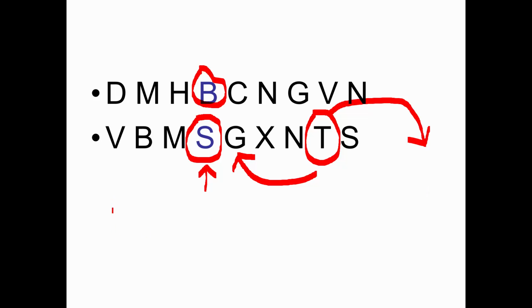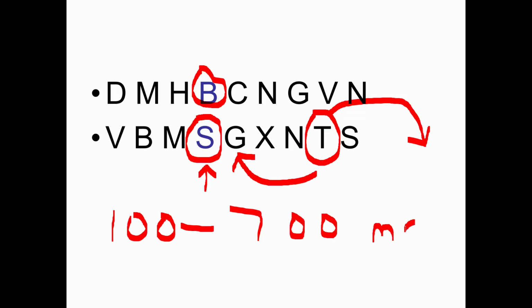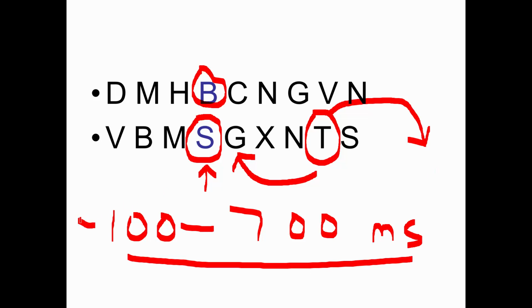They discovered the attentional blink range is about 100 to 700 milliseconds. If the T occurs within this range after the blue letter, most people would miss the T. They would report that they did not see it. However, if it was before it, or even after 700 milliseconds, they've now processed the blue letter, and now they're looking for the T, so they would be able to capture it.